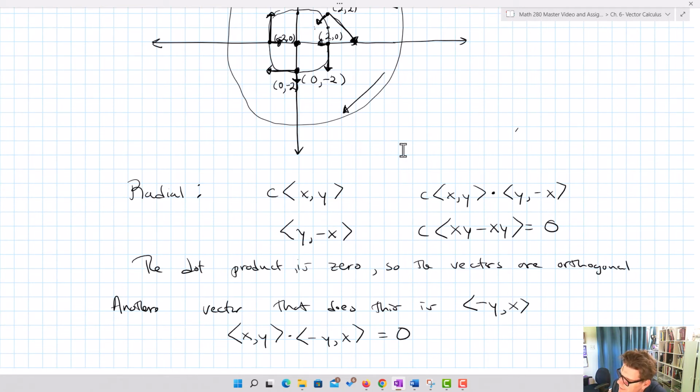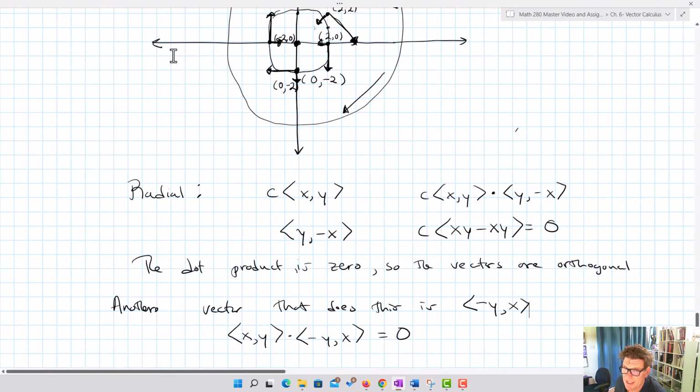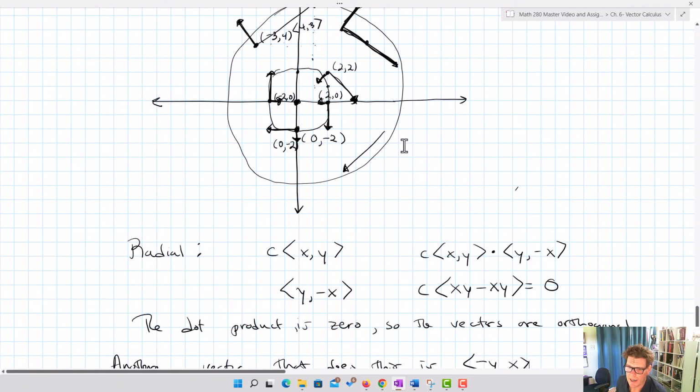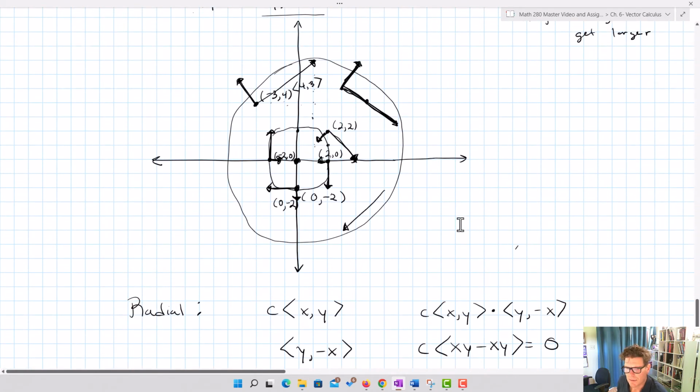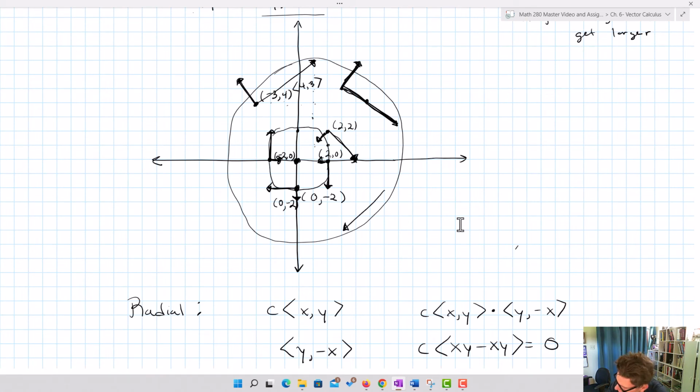What's the difference? Well, the difference is that instead of moving clockwise, this vector here, negative y, x, is going to move counterclockwise. Okay? So for example, we've got negative y, x, and we'll select a point. Let's select the point 5, 1. So 5, 1 becomes negative 1, 5. Negative 1, 5.